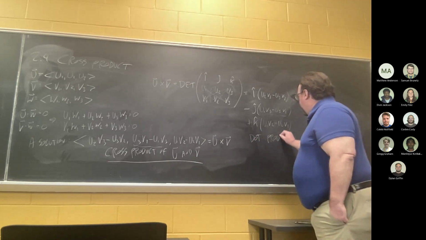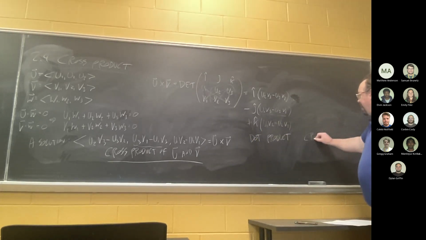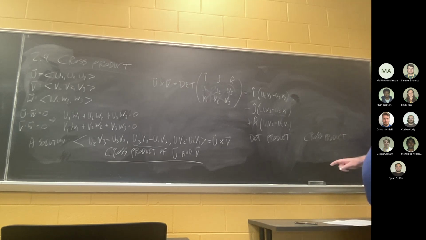Now, we've just seen between this class and last class two operations that can be performed on vectors that are both called products. Students get these two confused all the time. So it's like a little chart, comparing and contrasting them.